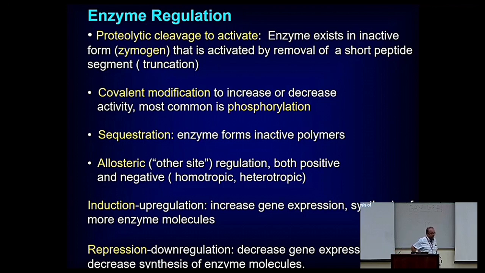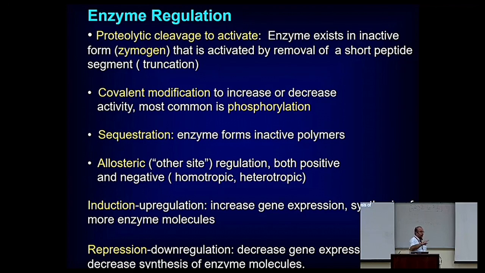We're going to go through the different types of enzyme regulation. I'll go through examples later on, but I'll give you an overview here. The first one is called proteolytic cleavage to activate. That means an enzyme is produced as a zymogen, in an inactive form.